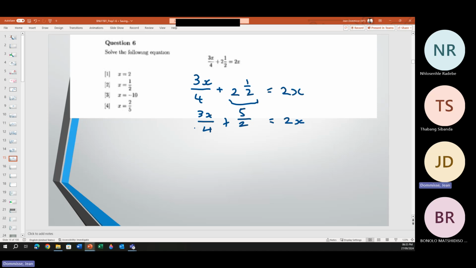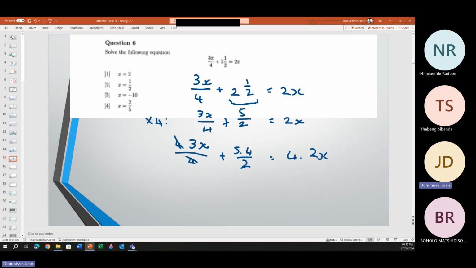If I want to get rid of the 4, I need to multiply across all of these by 4. So if I say times 4, that would cancel out, but then I need to do the same with the rest. So 5 times 4 over 2, and here 4 times 2x.